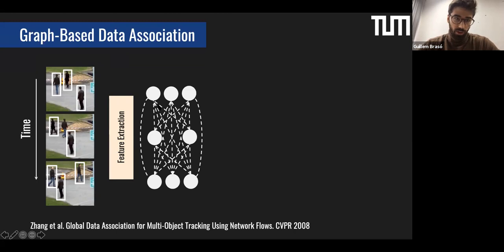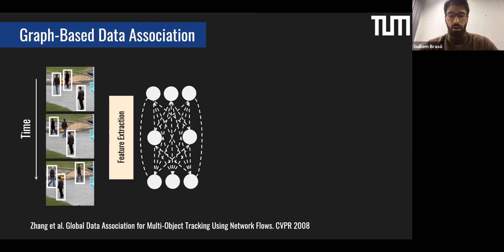For instance, for edges connecting objects that are very similar and very close in time, this cost should be very low, representing that it's very likely that they are together. In contrast, for objects that are very different in appearance, this cost should be very high, indicating that it's very unlikely that they are in the same trajectory.